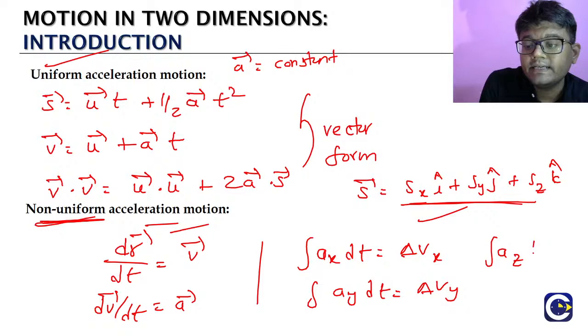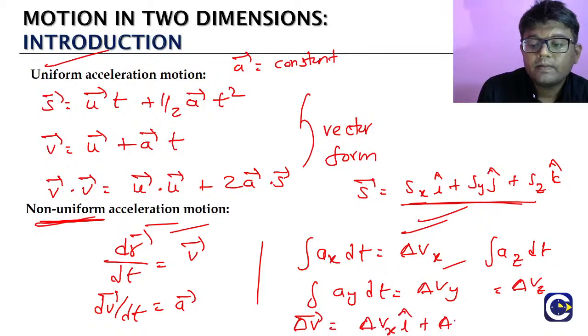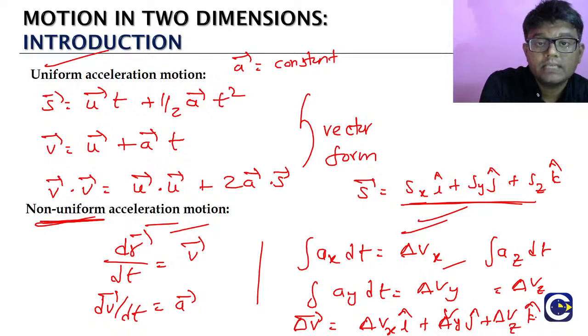Integral az dt will be giving us delta vz. We will get change in the velocity x component, y component, and z component. From that we will get the overall change in velocity: delta vx i cap plus delta vy j cap plus delta vz k cap. Like that we will get the vector expressions.